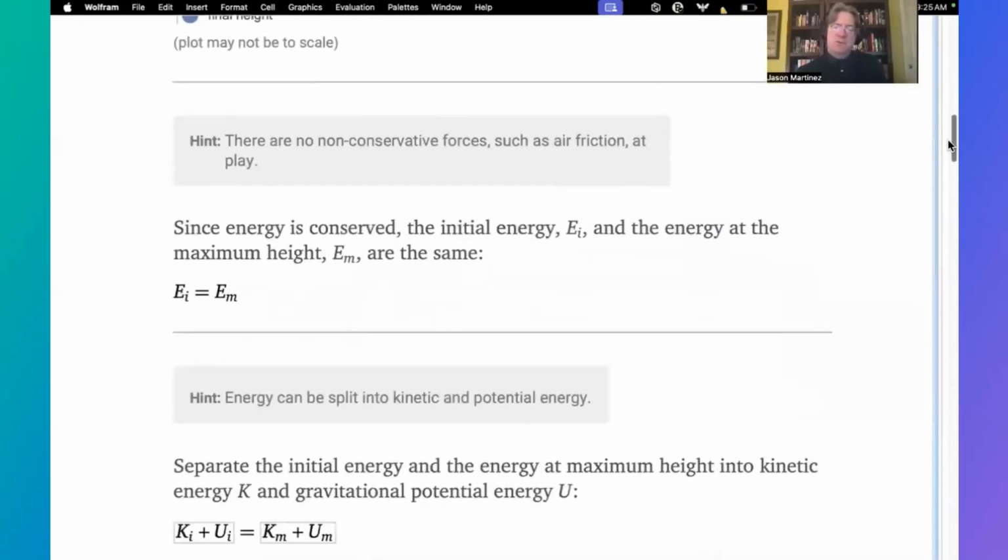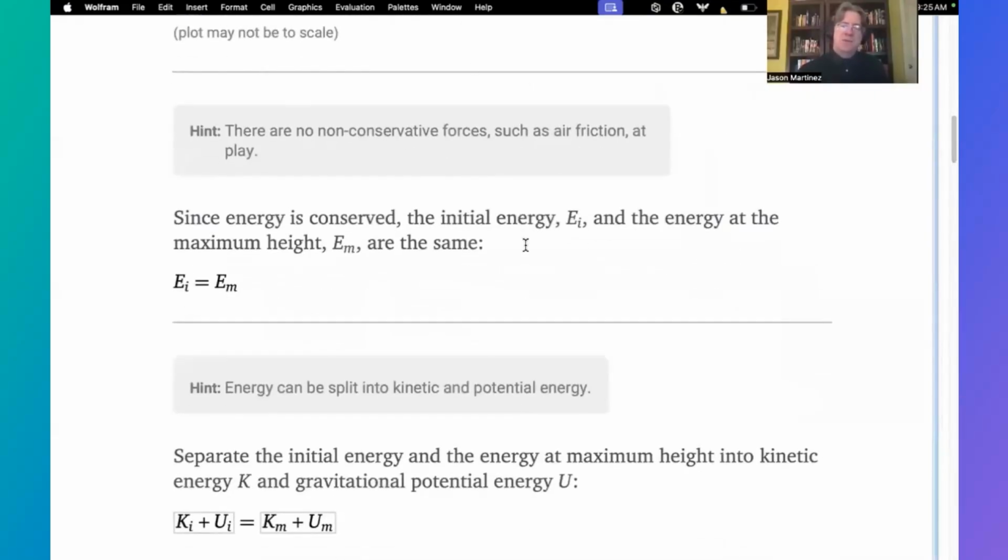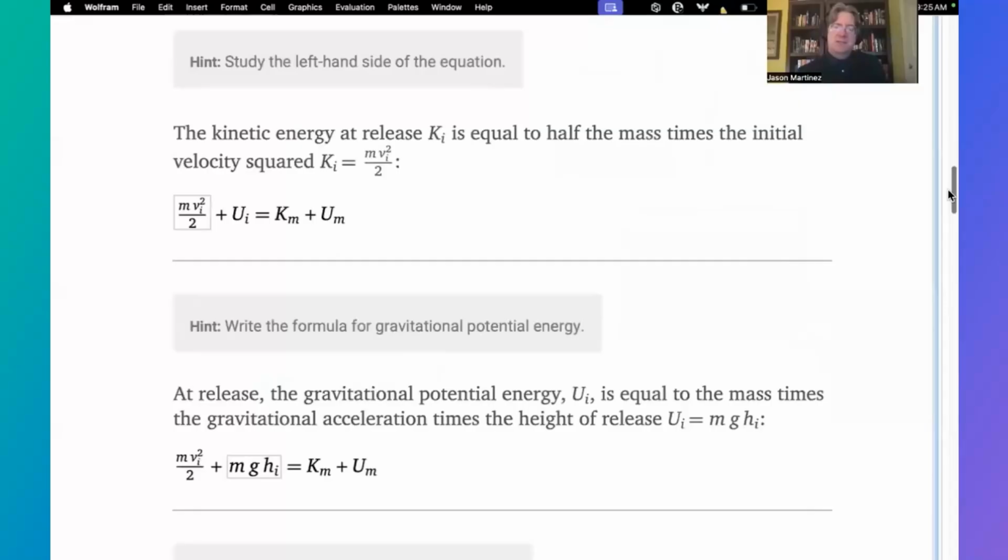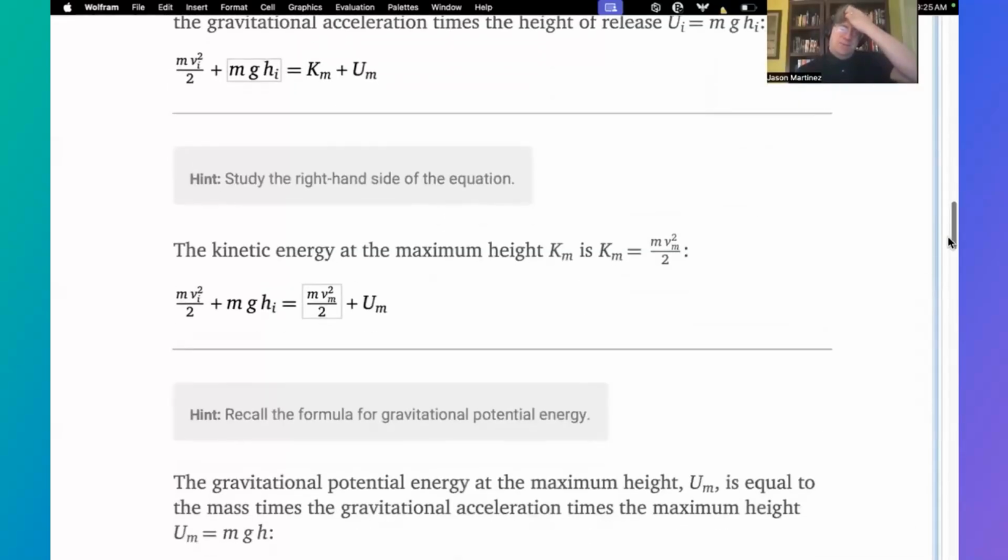It'll go through and say, okay, we know that energy is conserved. So we have an initial and a final energy, or in this case, maximum height energy. We can break that up into kinetic and potential, go through the steps of expanding these out.